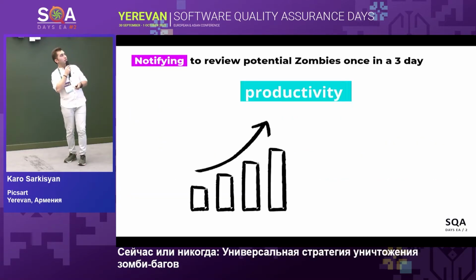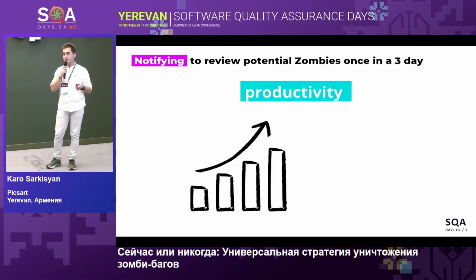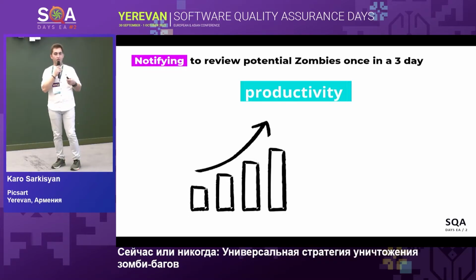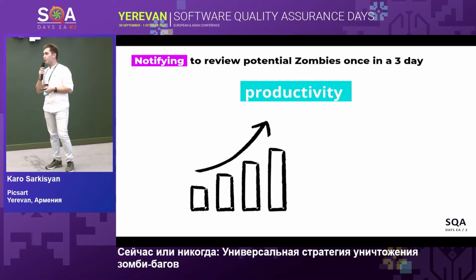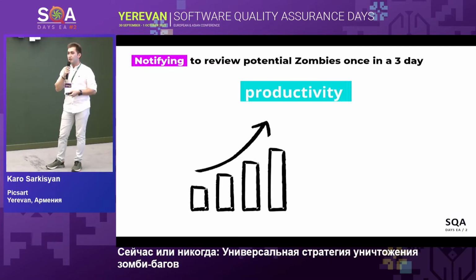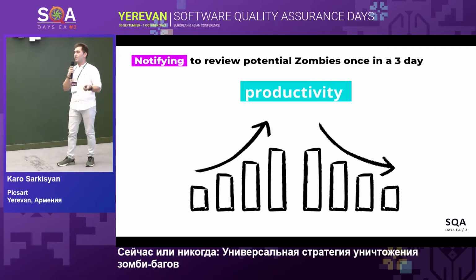Regarding notifications, at first, when we started notifying teams regarding their old issues and reviewing the issues, the productivity was very high, and a lot of zombie bugs were detected and closed. But no one likes notifications, right?